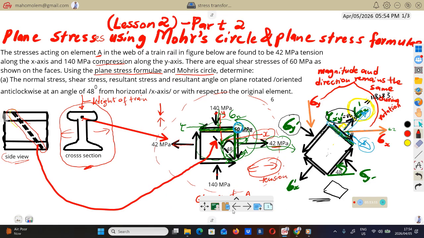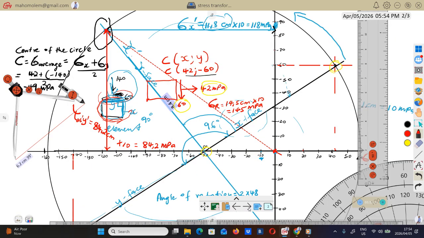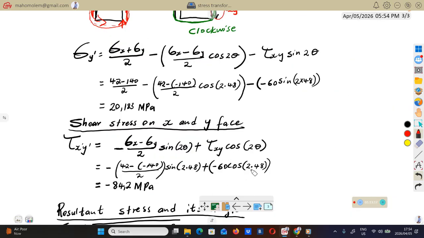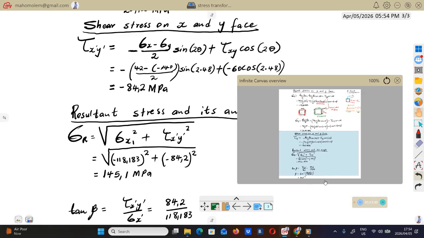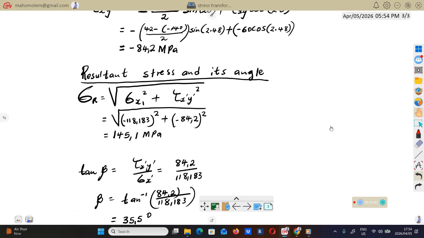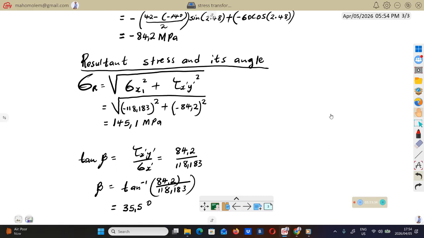So let's see how much we got. Exactly this, we got 145 MPa. So now let's check the angle of this resultant. From the calculations we got 35. So let's see how much we're going to get.